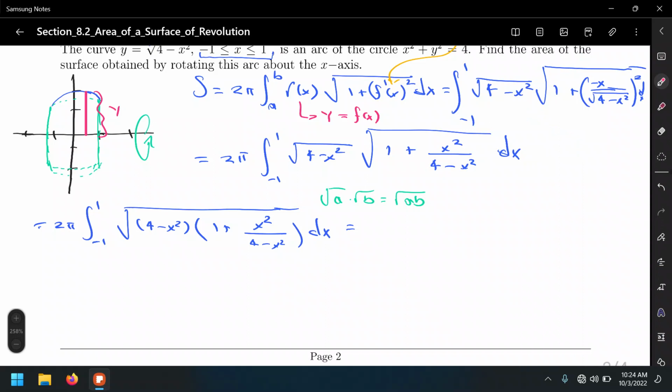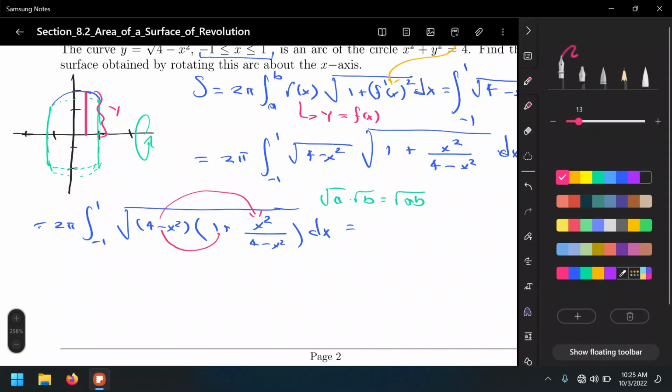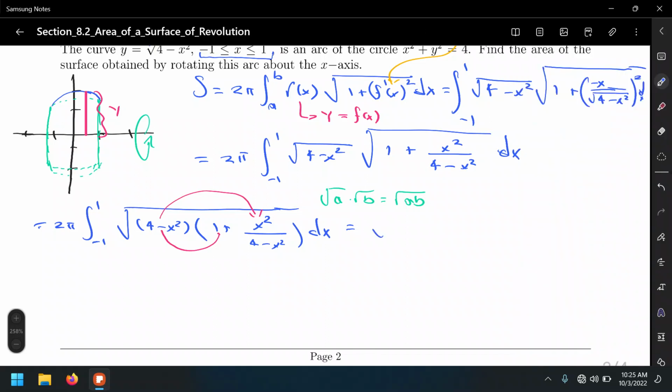I'm going to distribute the square root of 4 minus x squared times 1 and times x squared over 4 minus x squared. So on the one hand, I'm going to get only the square root of 4 minus x squared, and then plus 4 minus x squared times x squared over 4 minus x squared.